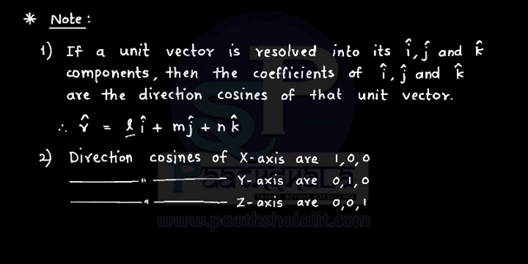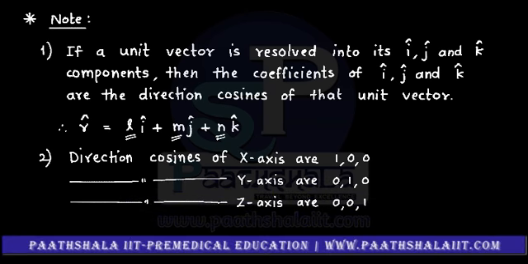This clearly follows from the fact that the magnitude of a unit vector has to be equal to 1. So in order to have that as 1, the coefficients of i, j and k must be nothing but L, M and N, because we know the relationship L square plus M square plus N square is equal to 1, right?